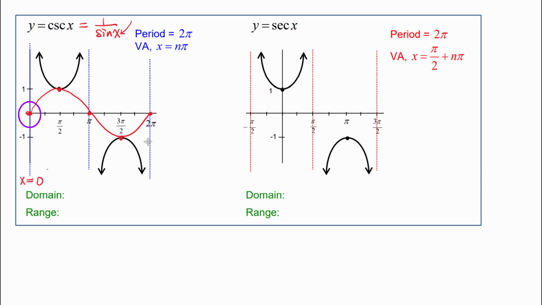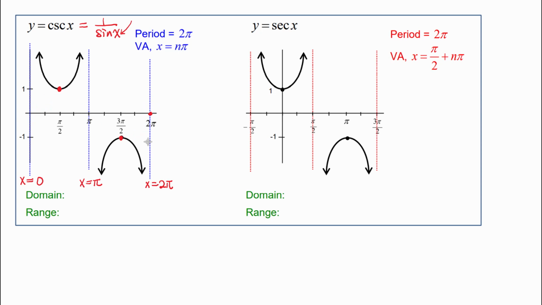The next one: sine x is 0 when x equals pi. So your second vertical asymptote of cosecant x is x equals pi. And the next, sine x is 0 again at x equals 2 pi. So you get another vertical asymptote at x equals 2 pi.